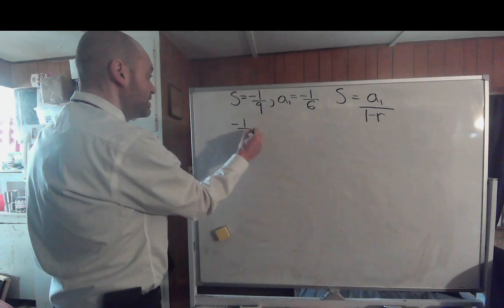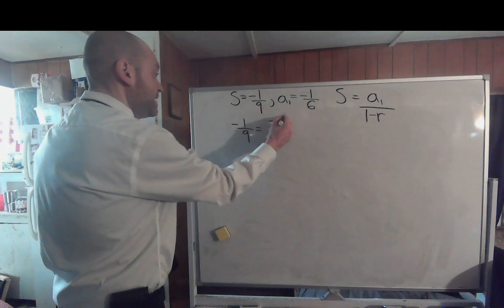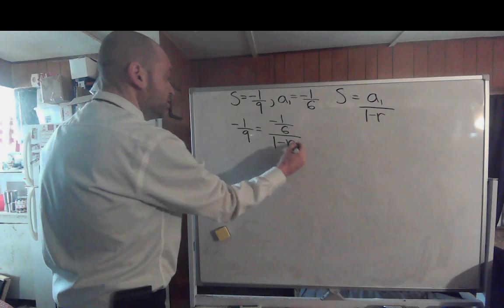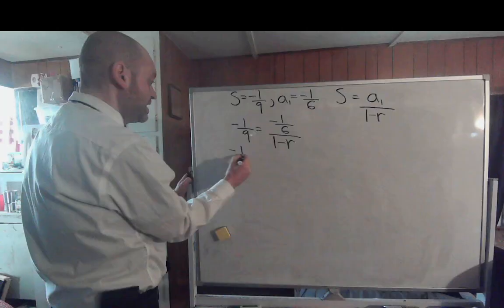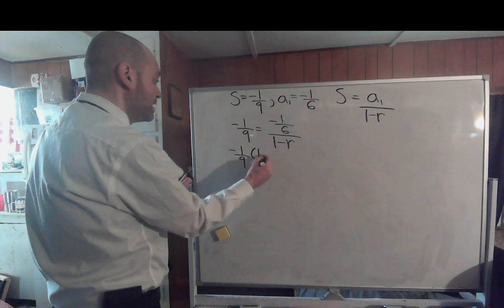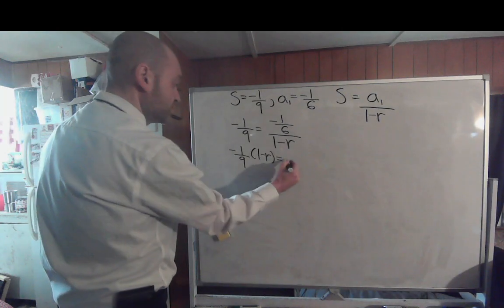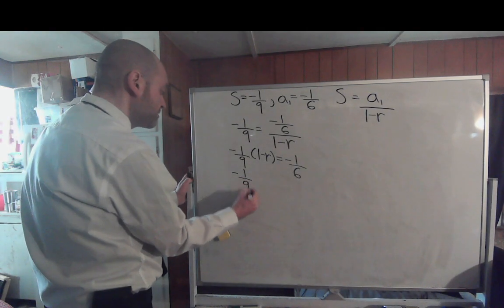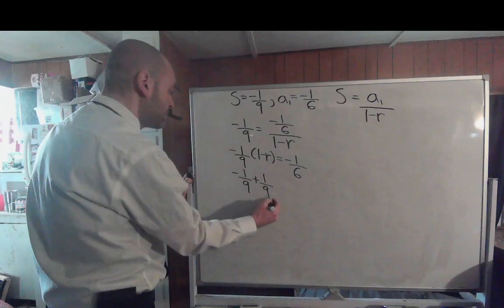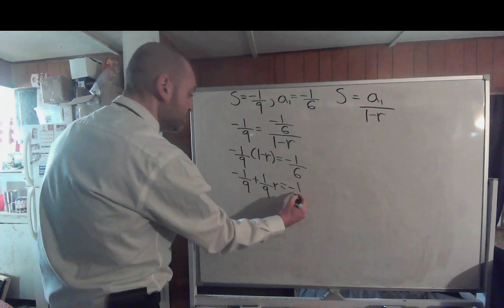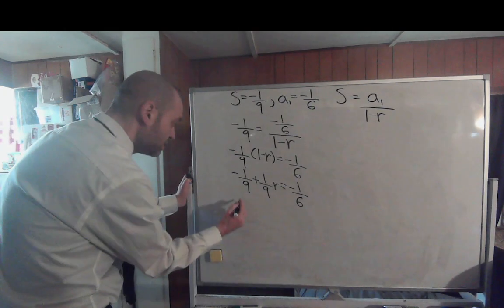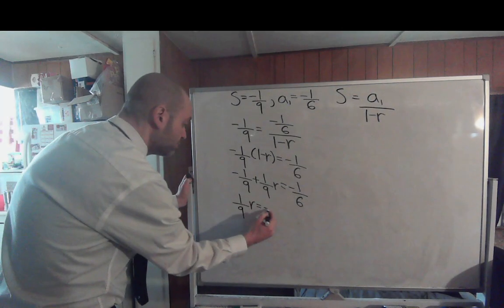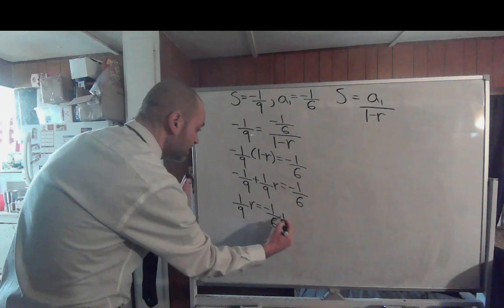So -1/9 would equal -1/6 all over 1 minus r. So this will turn into -1/9 times 1 minus r equals -1/6. So -1/9 plus 1/9 r equals -1/6, which would give you 1/9 r equals -1/6 plus 1/9.